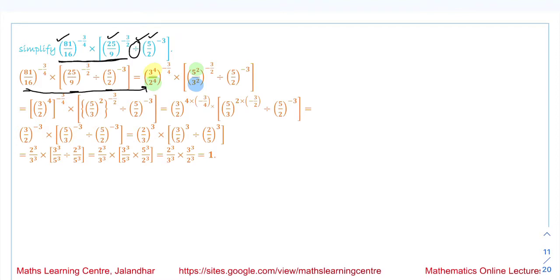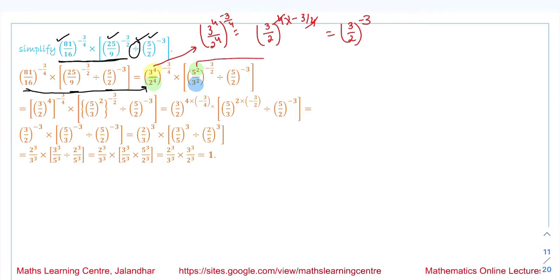So when we look at this term, it is 3 raised to the power 4 over 2 raised to the power 4 whole raised to the power minus 3 by 4. So this will become 3 by 2 raised to the power 4 into minus 3 by 4. This 4 gets cancelled and we are left with 3 by 2 raised to the power minus 3.